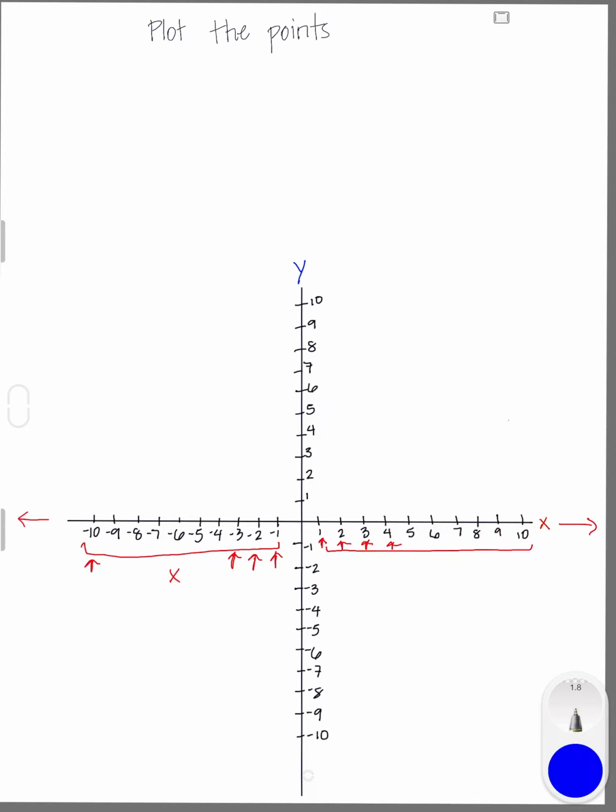However, as we look at the vertical values, when we go up, these are the positive values for y. So this is all y. That means this is y equals 1, y equals 5, y equals 10, and again this can keep going all the way up.